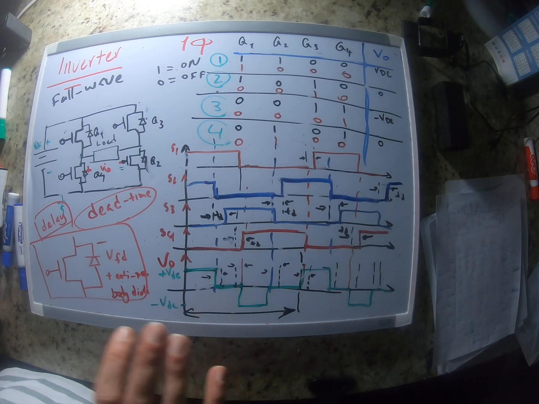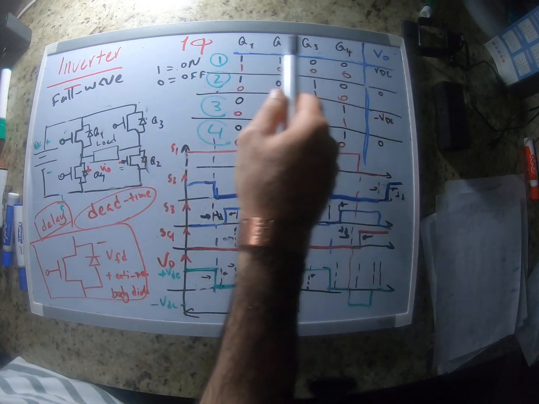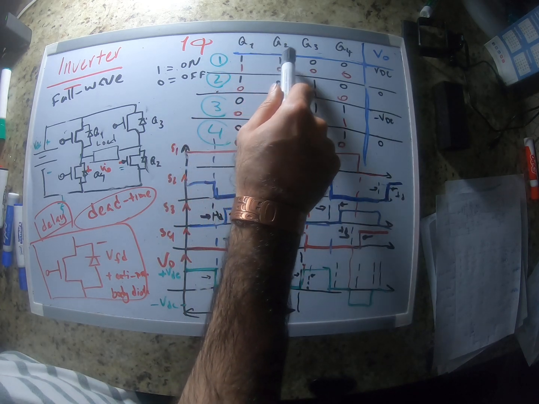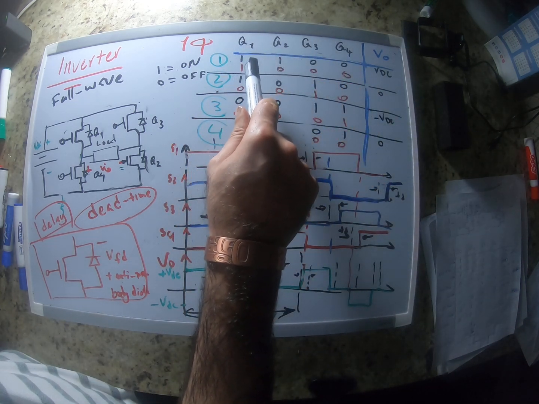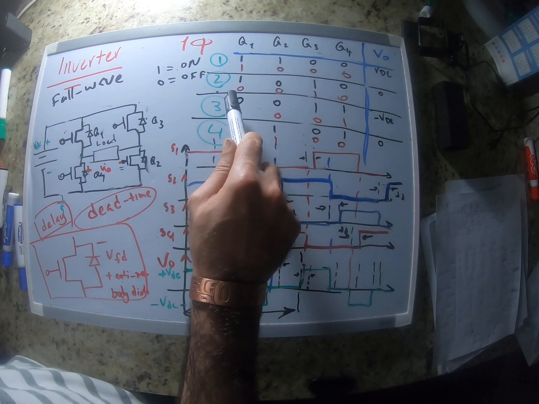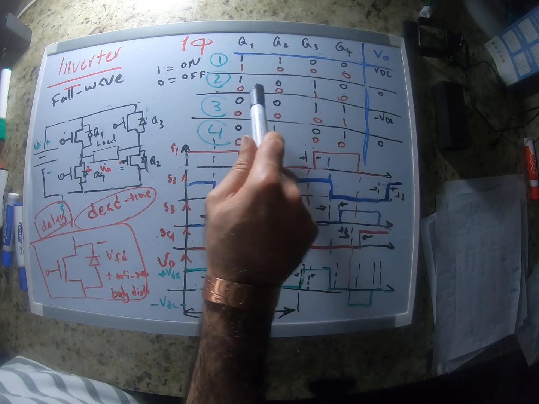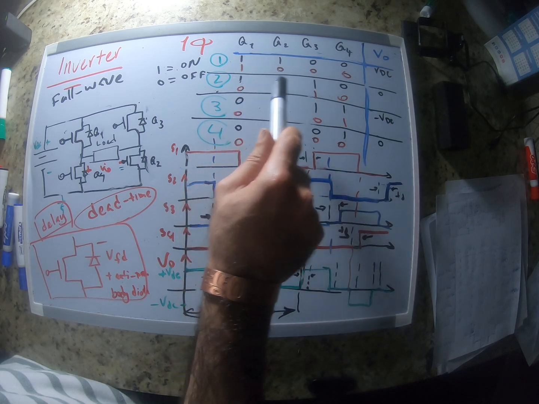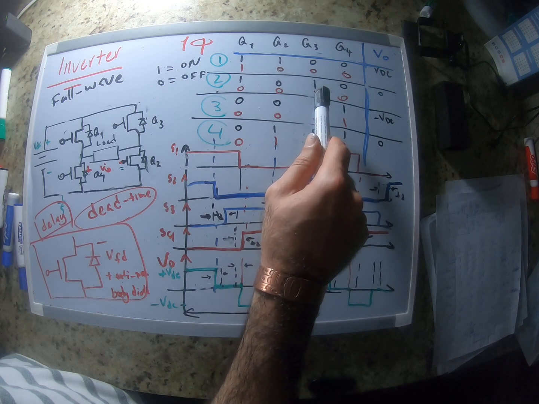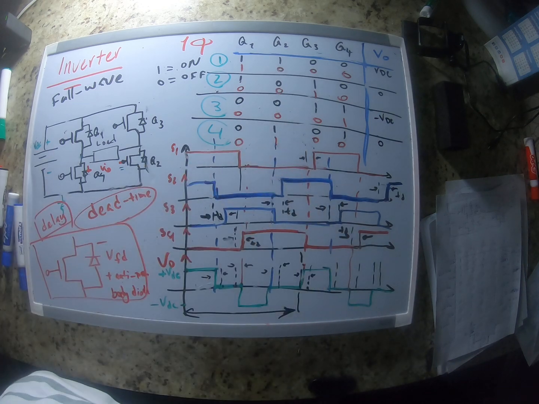So let's talk about the states that we have. The ones that I have drawn in black are what we had before. If you remember, we had 1 1 0 0, and then we switched 2 off and switched 3 on, and then 1 0 1 0. Then these two stay on, but we switch 1 off and 4 goes on, and then again we switch 3 and 2, so 3 goes off and 2 goes on.